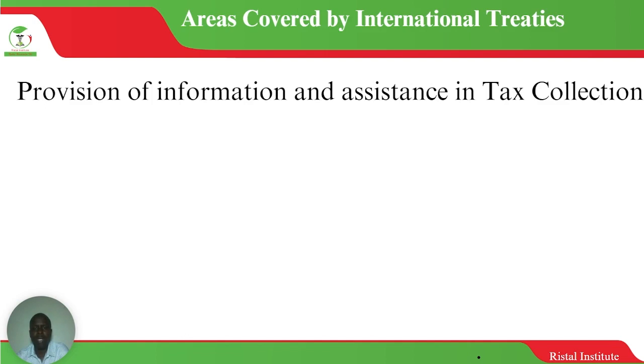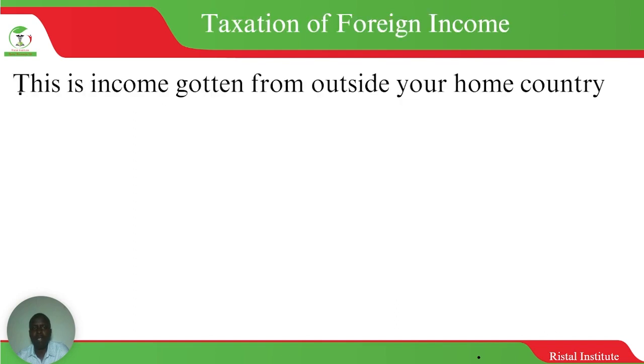So through tax treaties also, investors, citizens of a particular country, are able to provide correct and the required information in order to be able to ensure that information will assist the tax authorities in terms of tax collection. We have what we call the taxation of foreign income.